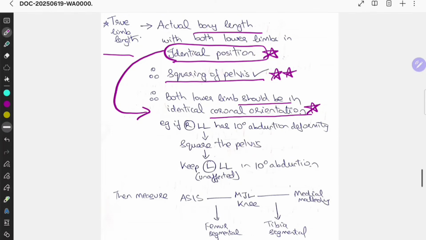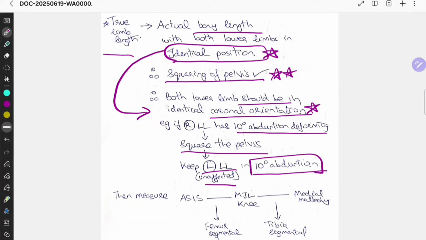Let's suppose the right lower limb has 10 degrees of abduction deformity. To measure the true limb length discrepancy, you square the pelvis first, and both the limbs should have identical position. So you even keep the left sided lower limb, after squaring, in 10 degrees abduction to measure the true limb length discrepancy between right and left lower limb.